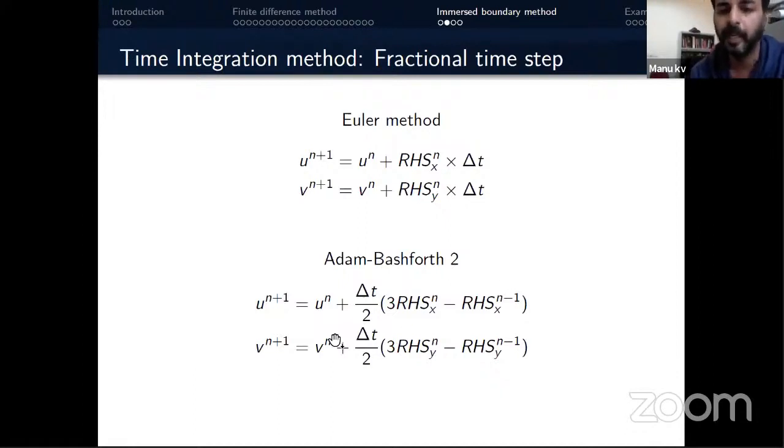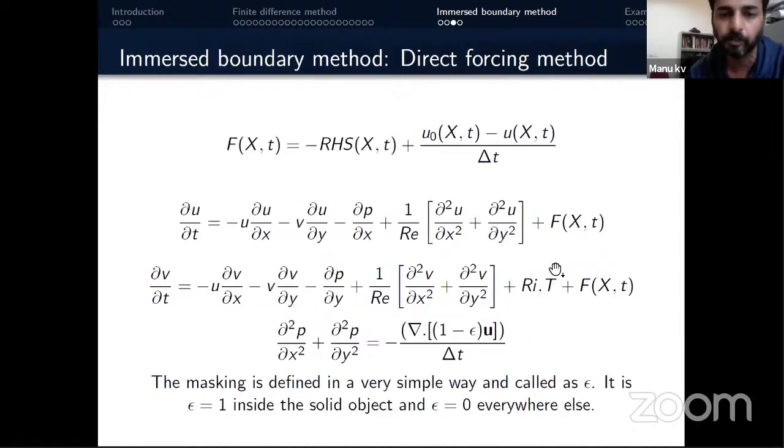So we can use a different combination. These are all standard numerical time advancement schemes, multi-time step methods, which we can use for better accuracy. So this is all related to the time advancement and the accuracy.